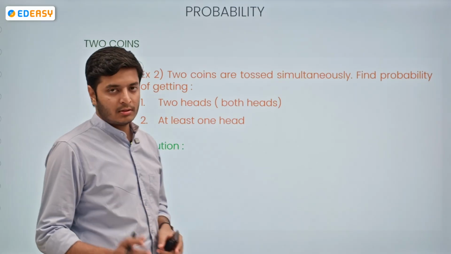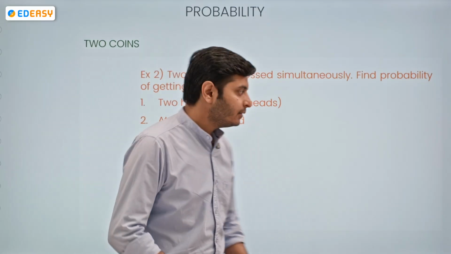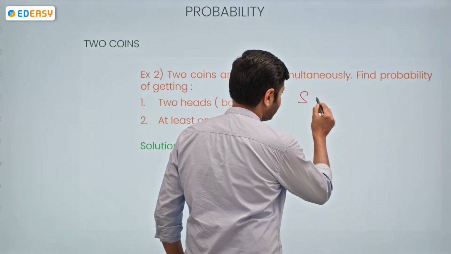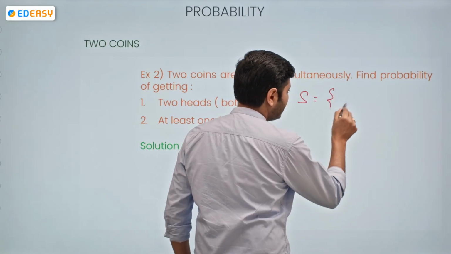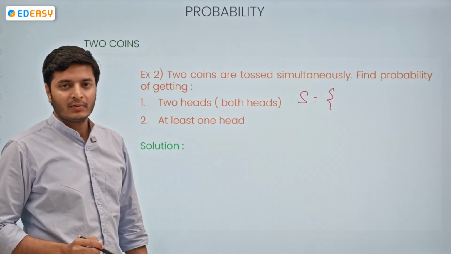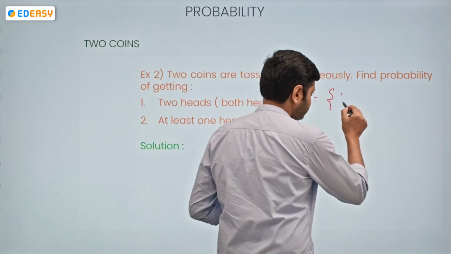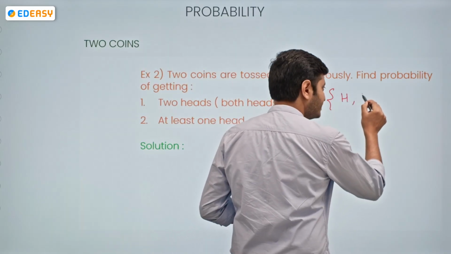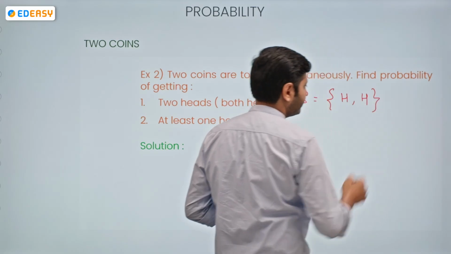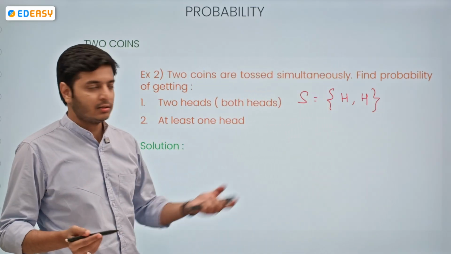First things first, we need to write down the sample space, correct? Suppose I am tossing two coins. The first one can show heads, and the second one is also showing heads. That is one event.